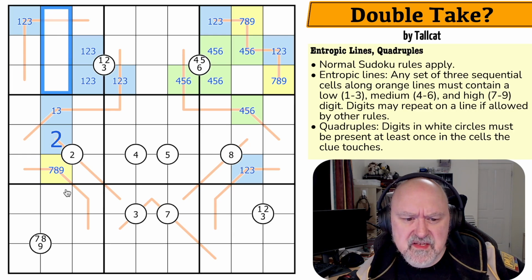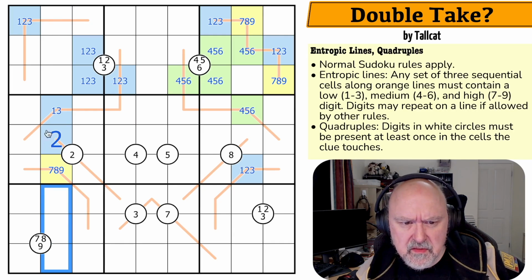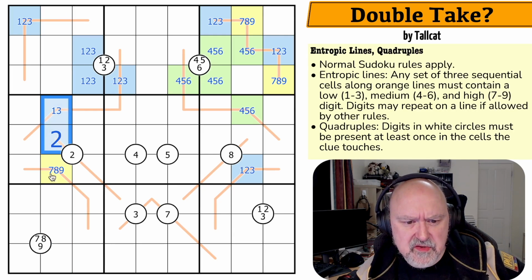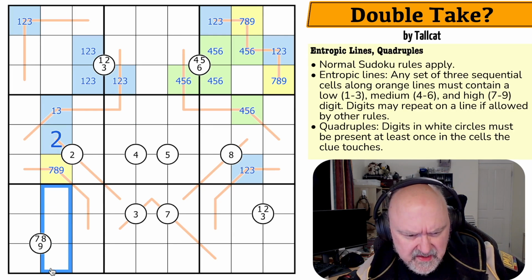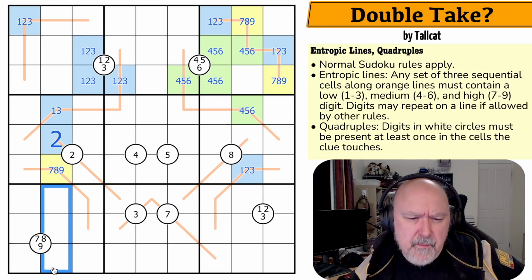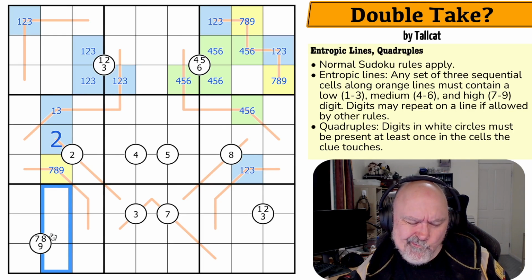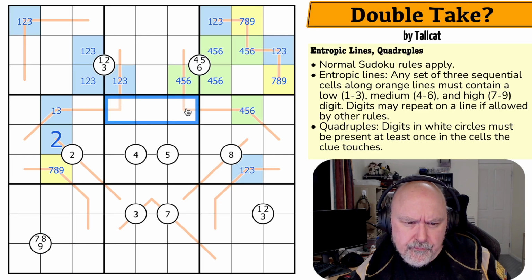So no, there is a low down here, because I can't put a low in there. There's 2 lows. That's not low. So there's a low down here. That's not low.